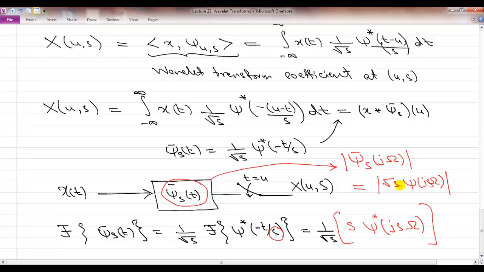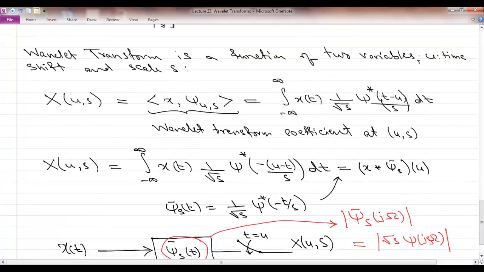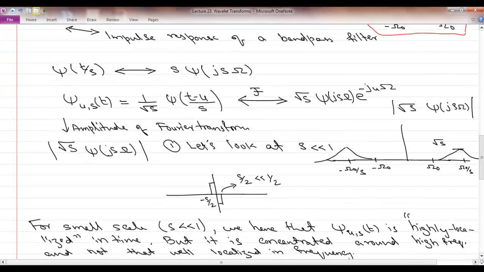Effectively, it's a bandpass filter, because we have already computed what this filter means: square root of s psi of j s omega.